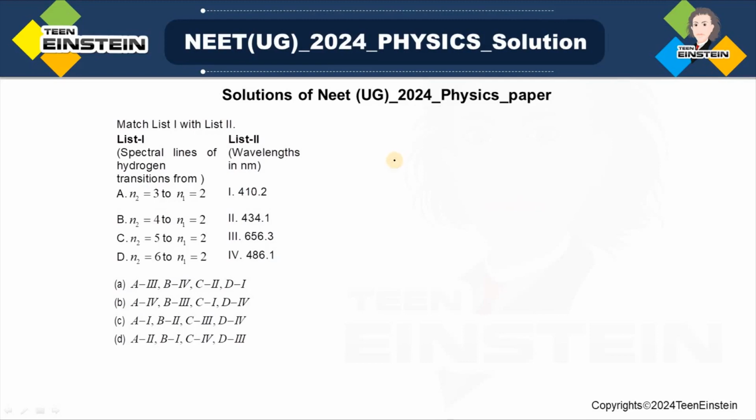Hello dear students, welcome to the PYQ discussions on NEET UG papers. Here I am going to discuss a question from NEET UG paper 2024. The question says match list 1 with list 2.